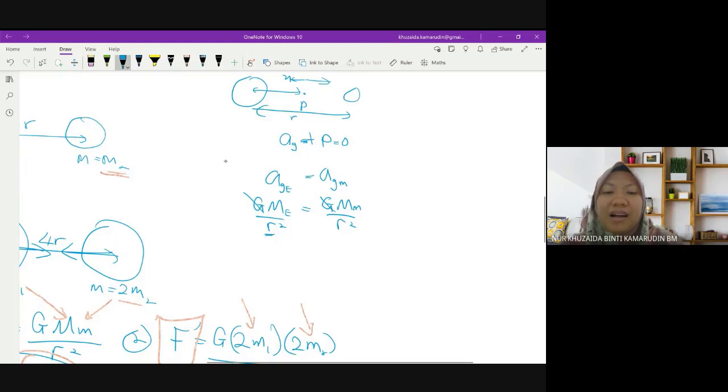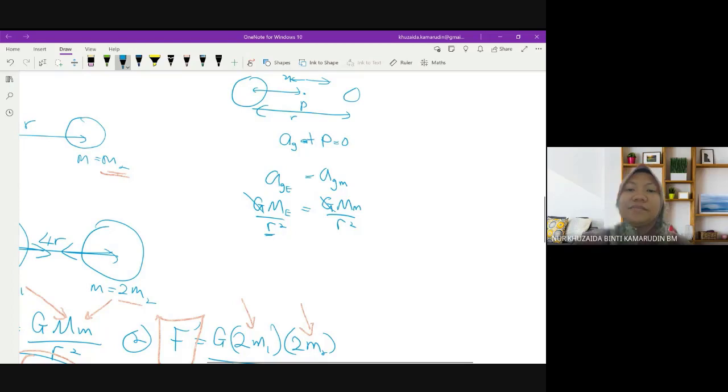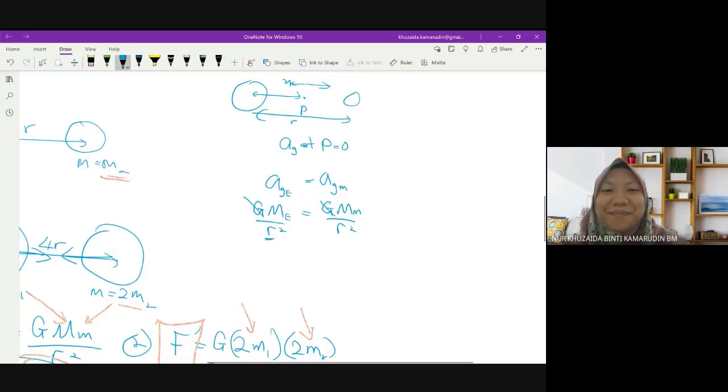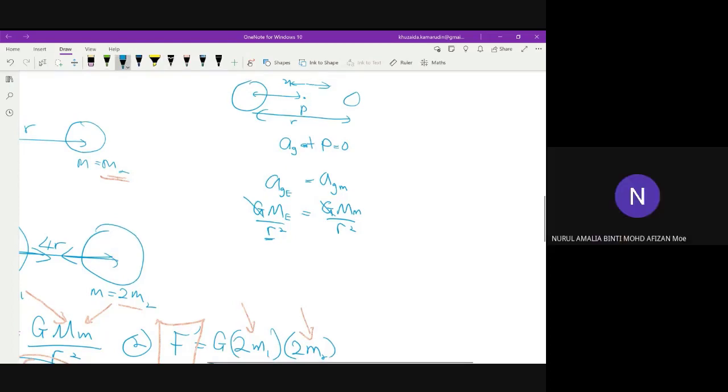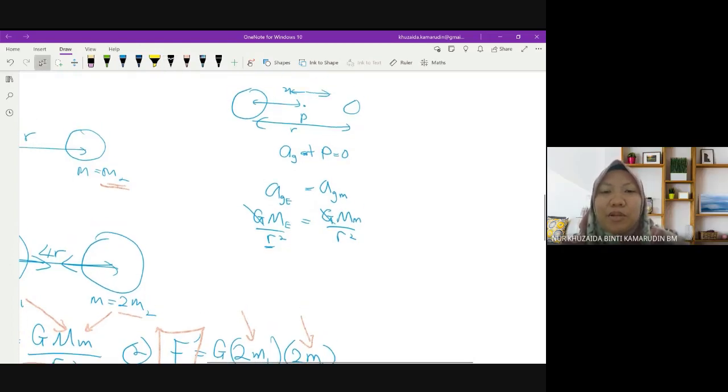Okay, remember R is from the point to the center of the Earth. So it should be what? R plus X? No. Oh no. R minus X? Not that either. Okay, alright. So pay close attention.